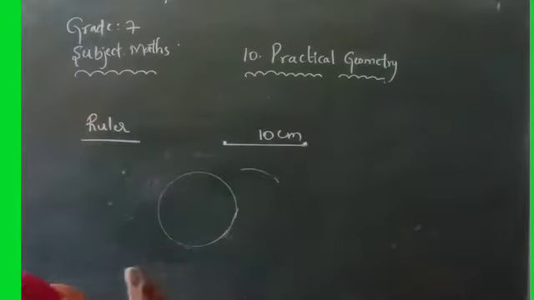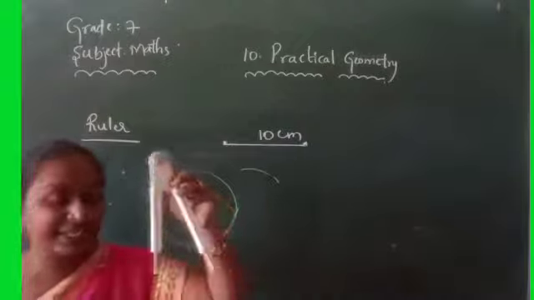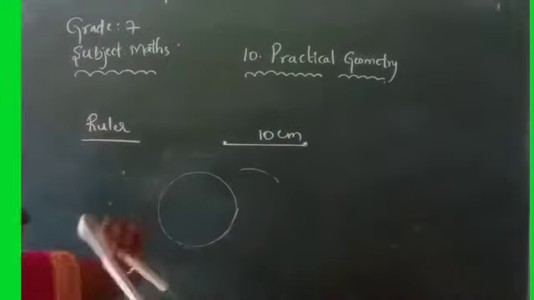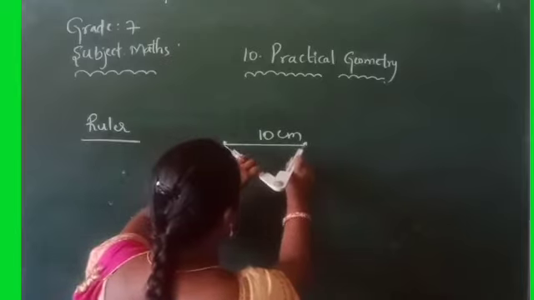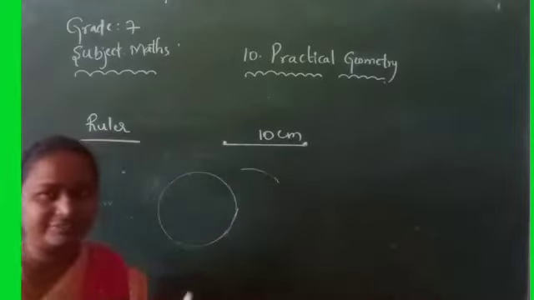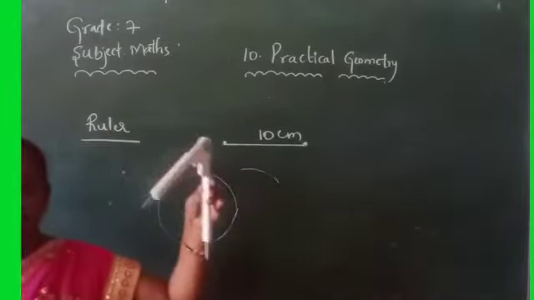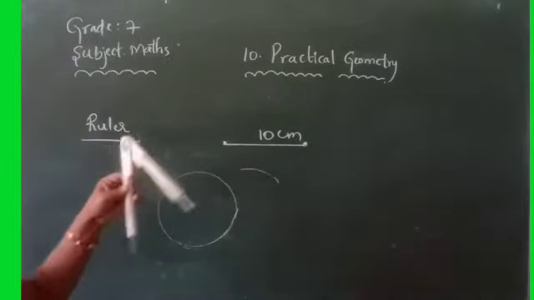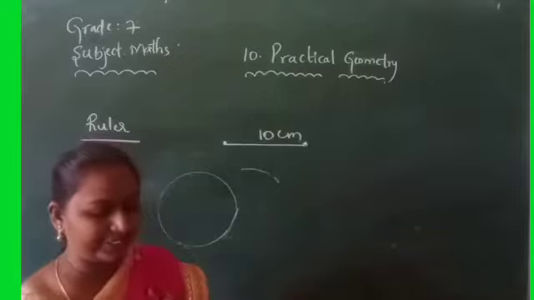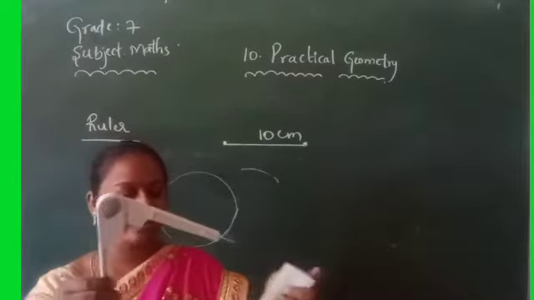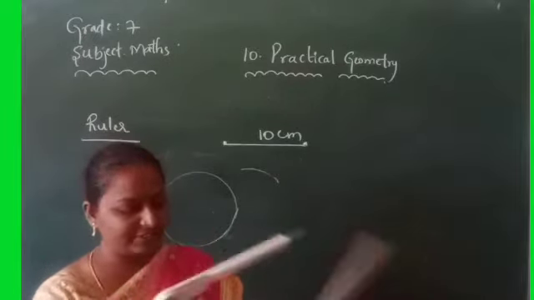But what is the use of this divider? We can compare the lengths. We can compare the lengths like this. For that purpose we are using it. By using this divider, we can compare the lengths. Now after you check, what is the length of that?